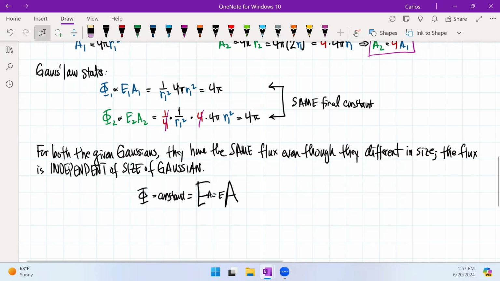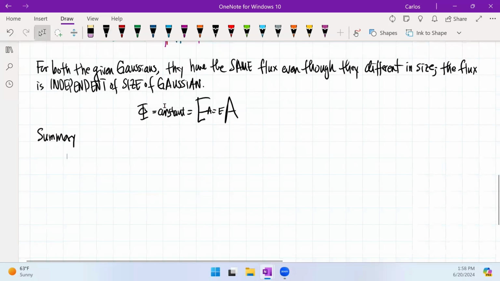So the last thing on Gauss's law here, I want to do a summary of what we've talked about. And it says this. So I see 3 things that we've done.